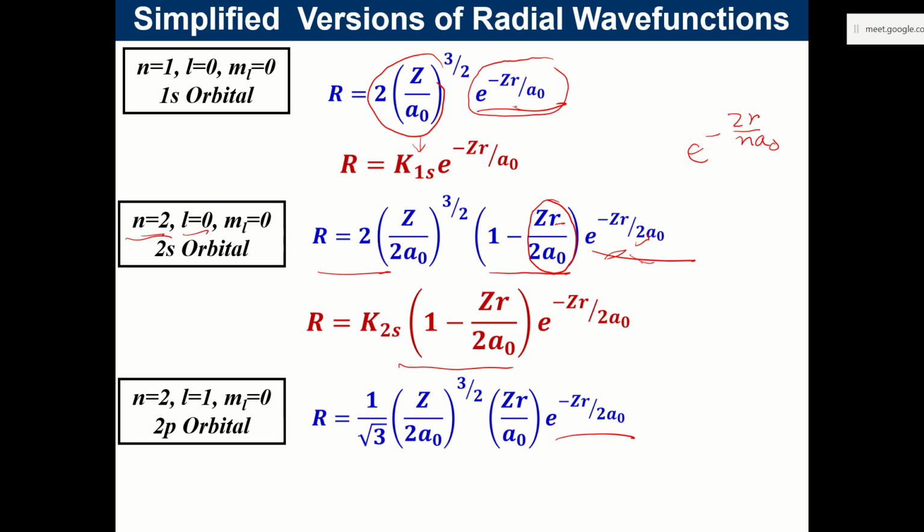This is a much slower change, so the amplitude will be significant even if you move quite a long distance from the nucleus. So the smaller circle and bigger circle, the spheres we draw for 1s, 2s, 3s, are justifiable for this reason. This equation justifies that, the exponential decay part.